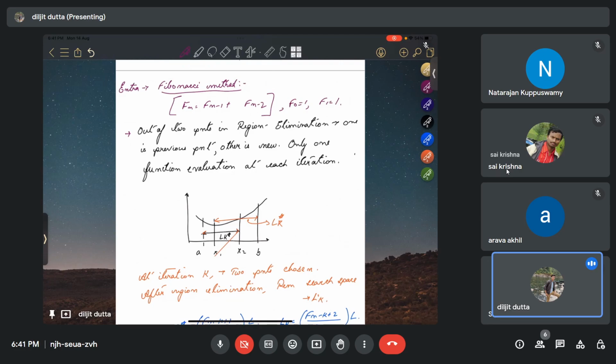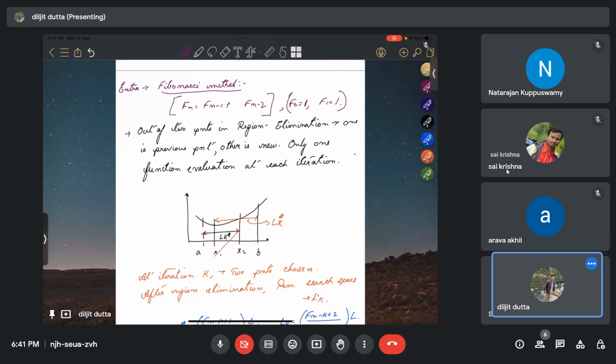Now if we take n equal to 0, we can't directly use the formula. So the first two values of the sequence are given as f0 equals 1 and f1 equals 1.